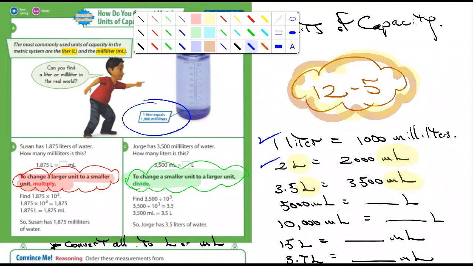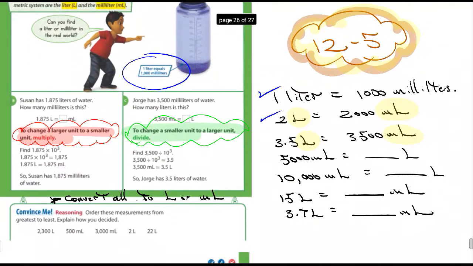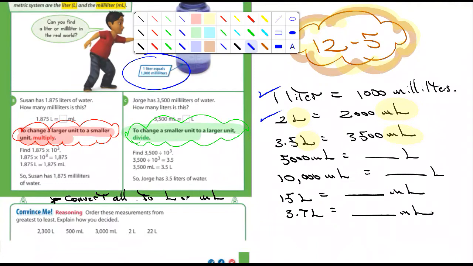Now, the example you can look at later if you want, but let's take a look at these questions here. So number 3, I put down 3.5 liters is equivalent to 3,500 milliliters. So 500 milliliters would be a half a liter.